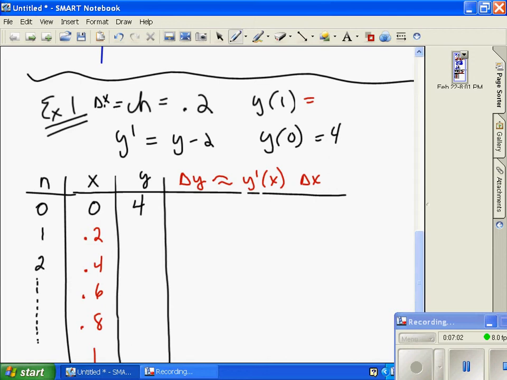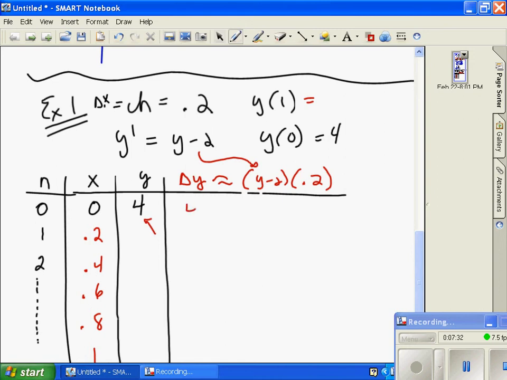Okay, so if I look at this, I'm going to mark that out and ask, what is my y prime? Well, that is y minus 2 from this right here. And what is my delta x? That's my 0.2. So let's see what y is in this particular example. I'm looking at that 4 right there.